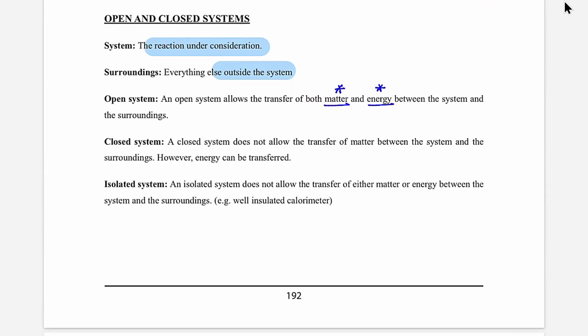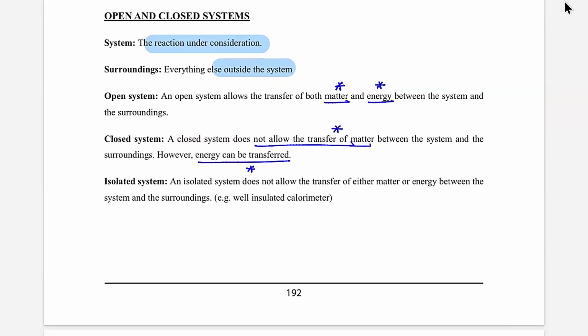If it is a closed system, matter cannot be transferred, but energy can be transferred. This is important. Closed system, matter is not allowed. Isolated system, matter and energy both cannot be transferred. That is easy.